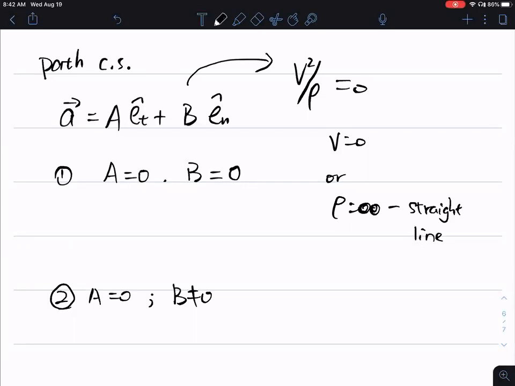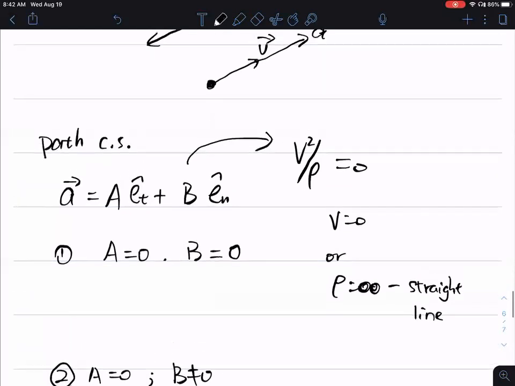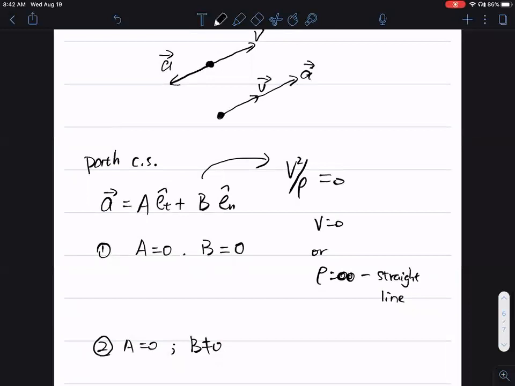Is that necessary for the particle to move, have a speed? If A equals 0, what is there on the ET direction for acceleration? Remember? Right, on there we have V dot, right?